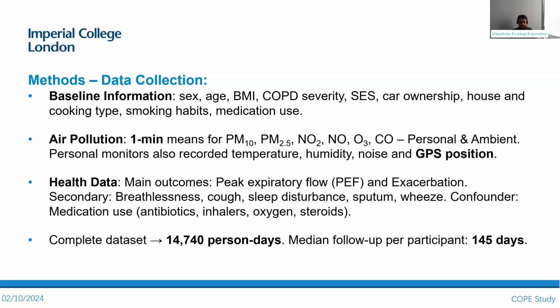And also for gases like NO2, nitrogen dioxide, nitrogen oxide, ozone, and carbon monoxide. For example, NO2 is a pollutant which is related to traffic and some indoor sources as well, like cooking or heating or other indoor sources.